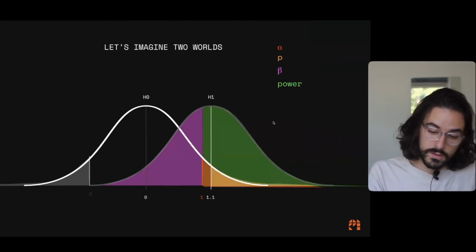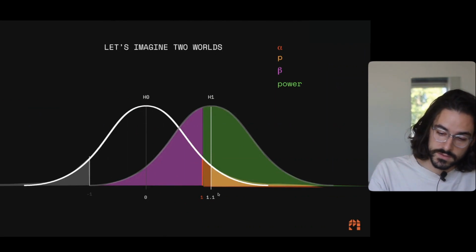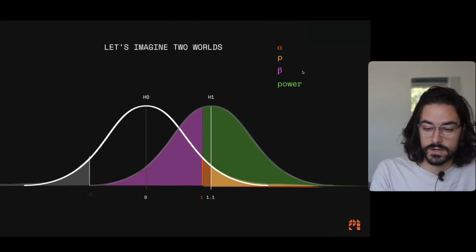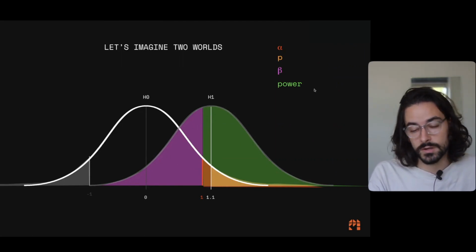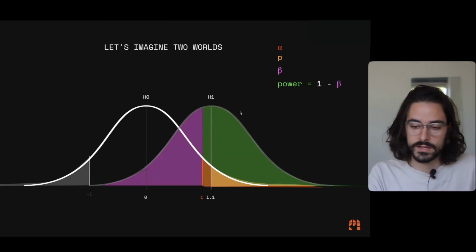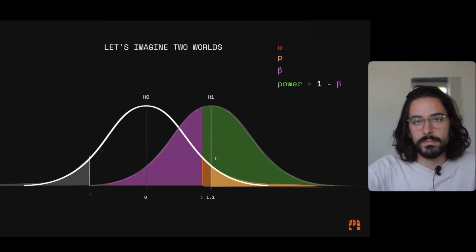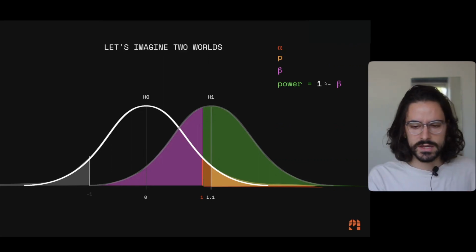Now, here are the things that we defined. We defined alpha, which is this region in red, we defined p, which is this region in orange, the smaller one. We defined beta, which is this region in purple, and we defined power. Power is literally 1 minus beta, because it's the entirety of the distribution H1 minus the area of beta. And power is just the thing you're going to be talking about later.